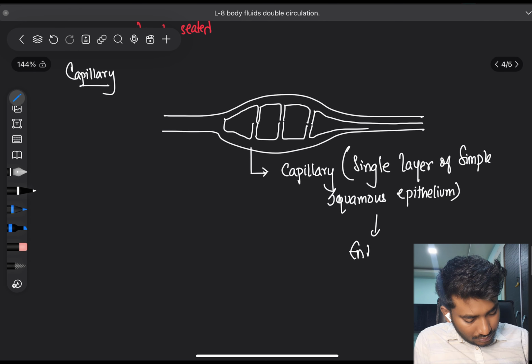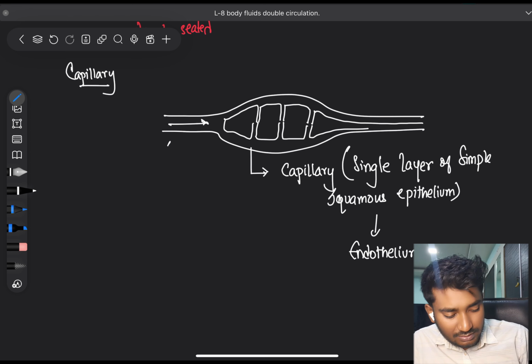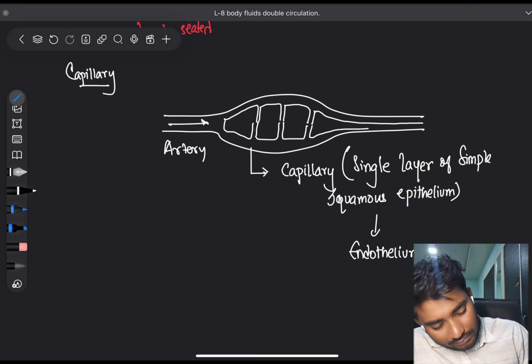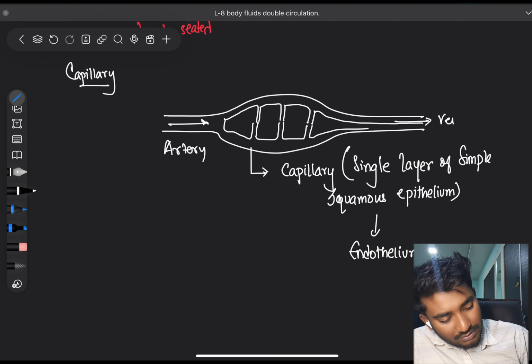It is called endothelium. This is the capillary, this is the artery, and this is veins.